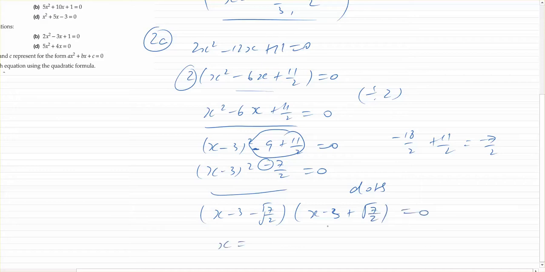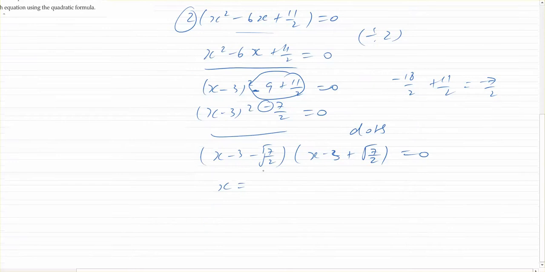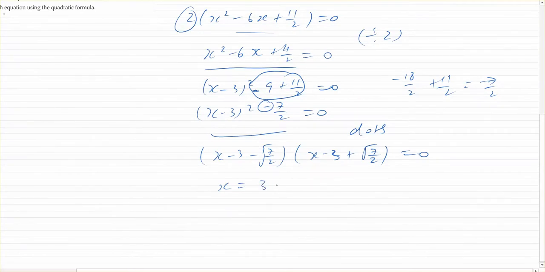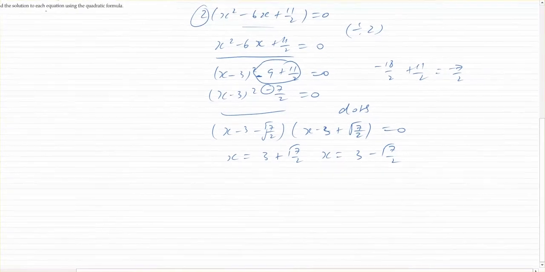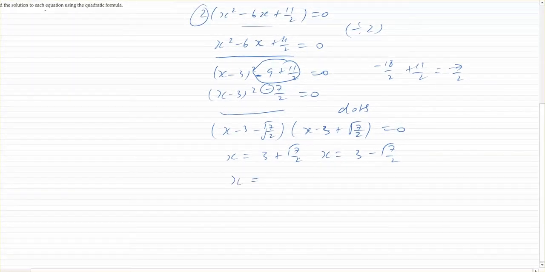Okay, null factor law, either that equals 0, so x equals 3 plus root 7 over 2, or x equals 3 minus root 7 over 2. I'm not sure if the book does this. They may put it on a common denominator, so if they put that over 2, that's 6 plus root 7 over 2, or 6 minus root 7 over 2. So just check, I'll accept both answers. Right?